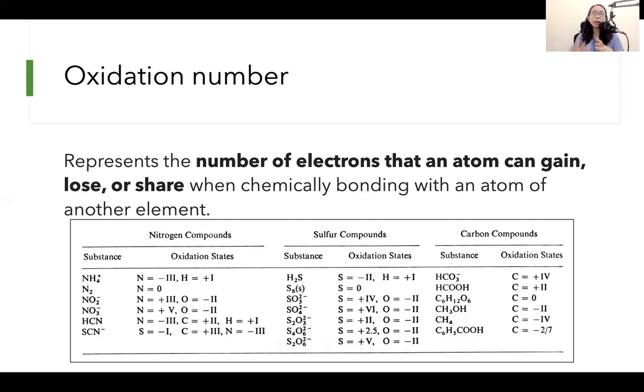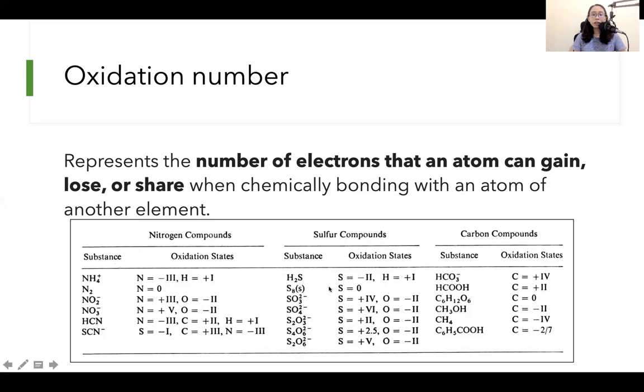So if we can keep track of these changes in the number of electrons in an atom, then we can see whether there is transfer of electron. And we can do that by tracking the oxidation number of a specific element, a specific atom in a molecule or ion.